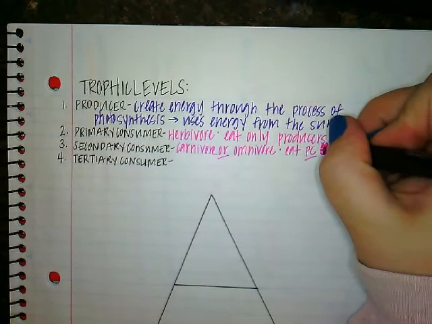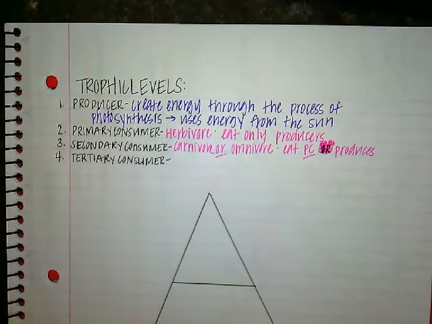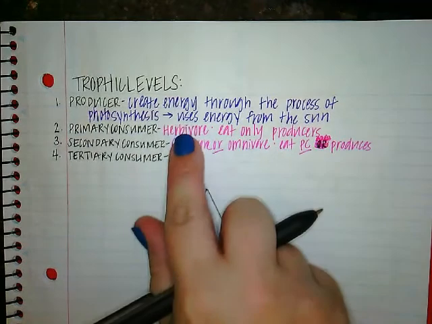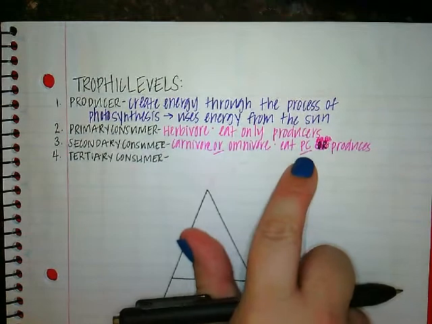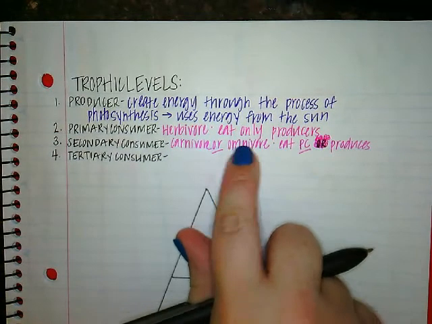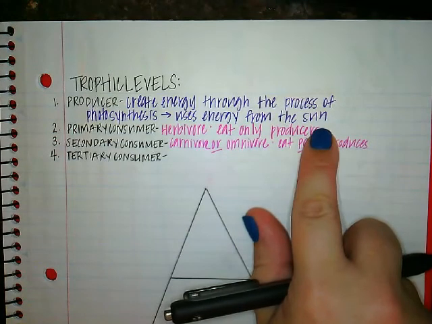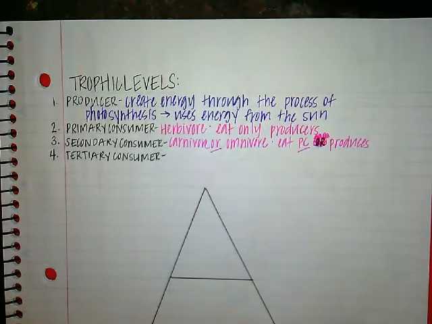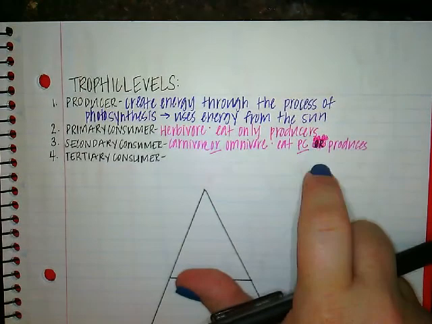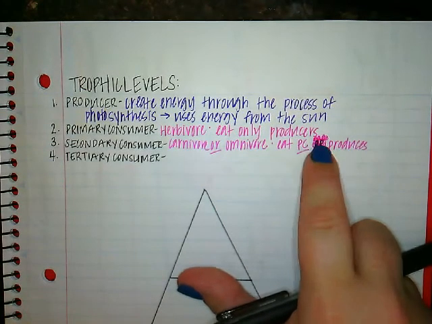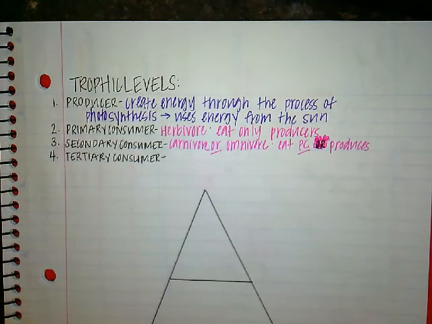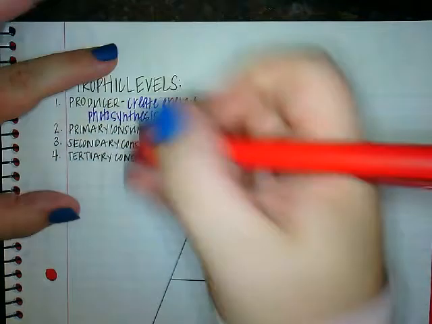Second guessing myself. This should be or. Leave it as an or. So a secondary consumer can be a carnivore, meaning they just eat that primary consumer, or they can be an omnivore, which means they eat your primary consumer and your producer. So they eat your PC, primary consumer, or your producer. They can also do both. So it could be an and or an or, which is so much more complicated.